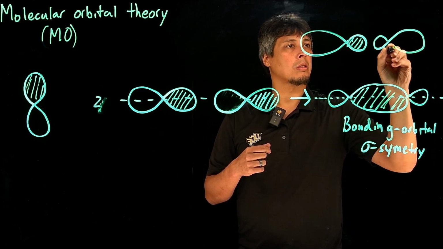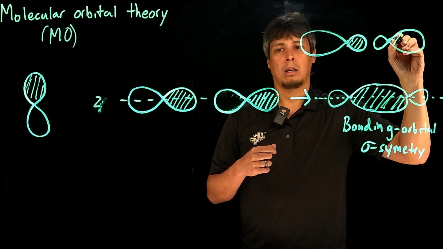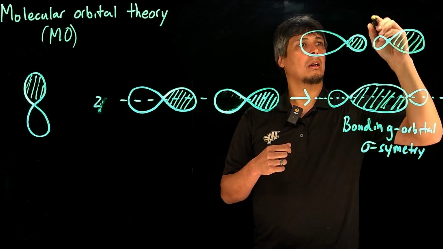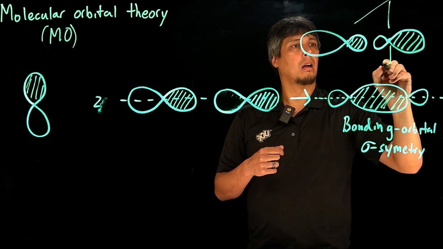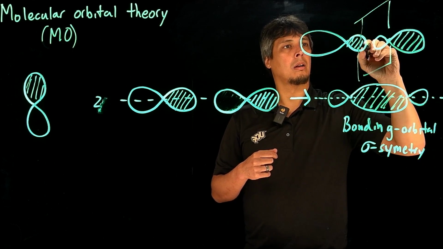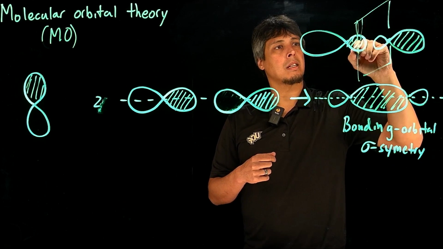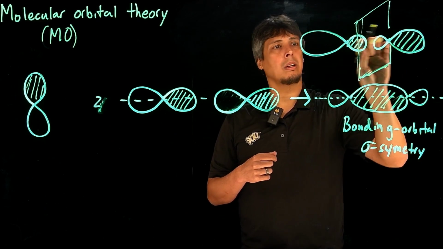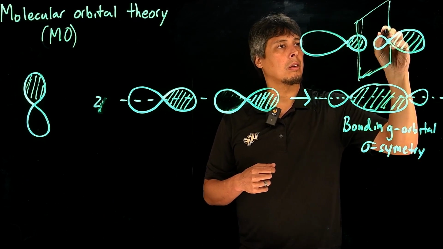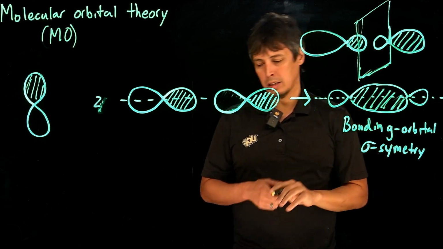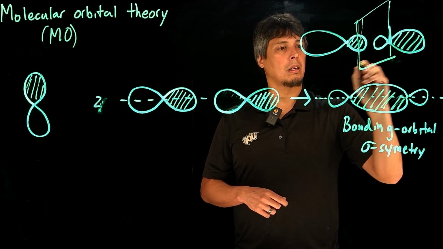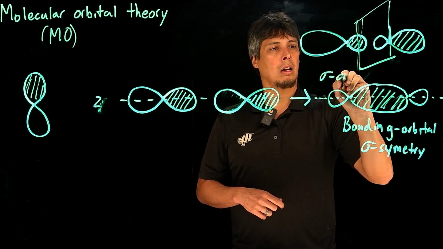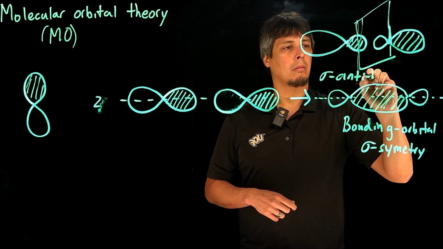Again, notice that there's a nodal plane here that bisects the area between the two nuclei, and that's indicative of an antibonding orbital. Again, this is going to be a sigma antibonding orbital.